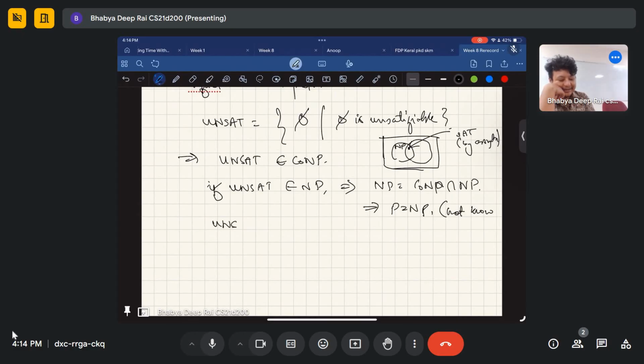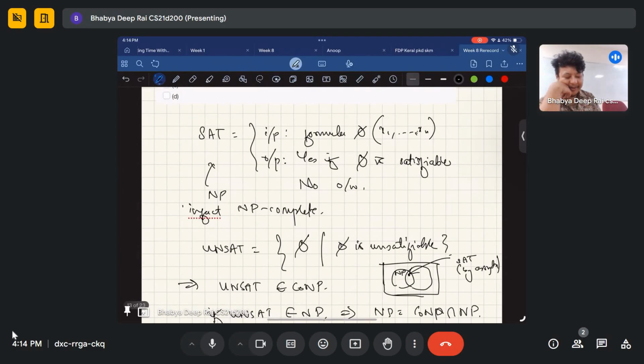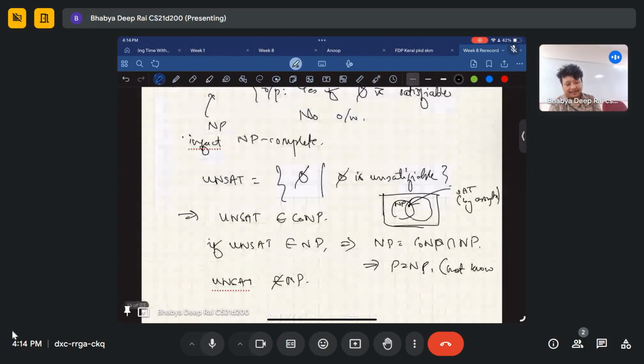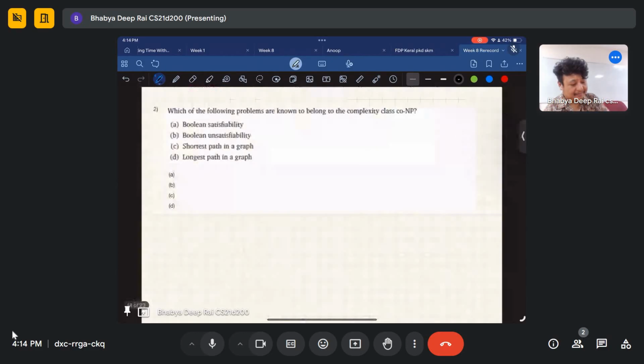Let's show this. So no, unsat cannot be in NP. Okay, the remaining: shortest path in a graph, longest path in a graph.